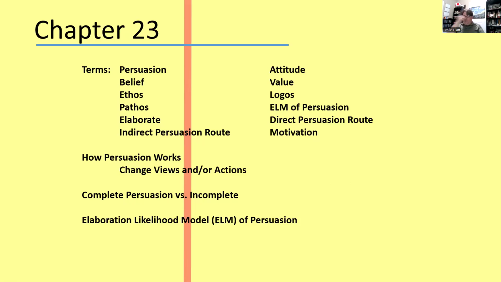Take abortion, right? If I made a statement to test your attitude, abortion should be legal in the United States, like or dislike. You like that statement, that's your attitude towards abortion. If you make the statement that abortion is a viable healthcare option in U.S. medicine, whether you believe that is a true or false statement, that is a belief, right?